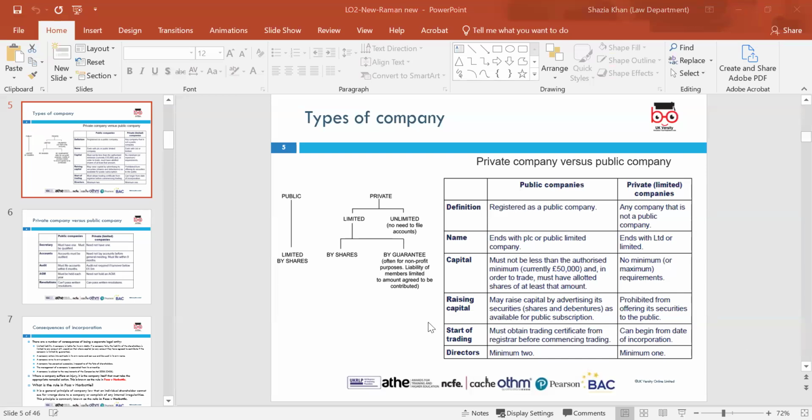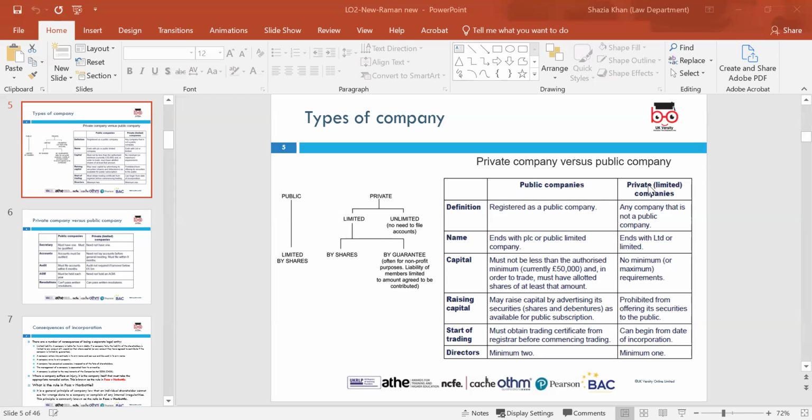Many companies don't operate in the same way. They all have their own way of operating, and that's why they're set up. So the way a company is classified depends on other things: who is responsible for the company's liabilities, and who is responsible for how the company is run.